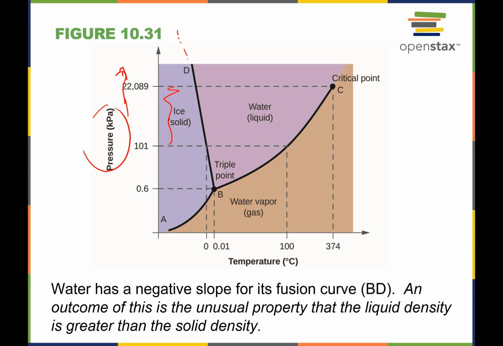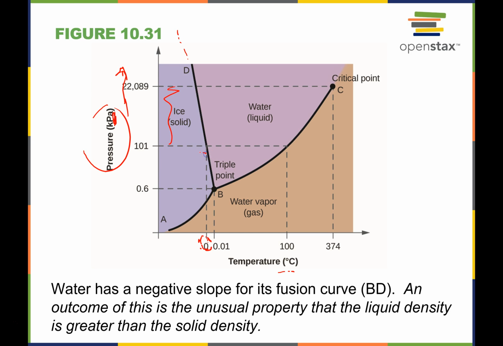Actually, that's one of the things I wanted to point out. Let's see, what temperatures do we have down here? This is degrees Celsius. So 0 degrees Celsius is the temperature at which it normally freezes. I wish it was in atmospheres, but it's kilopascals.